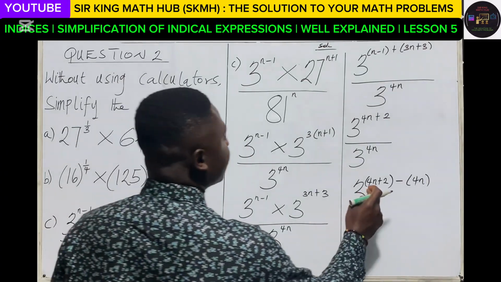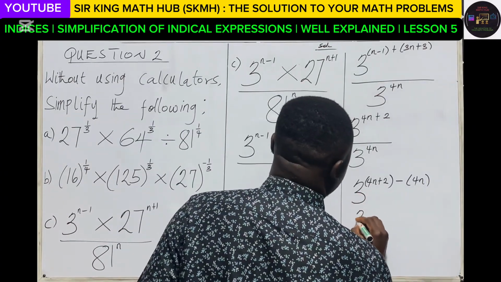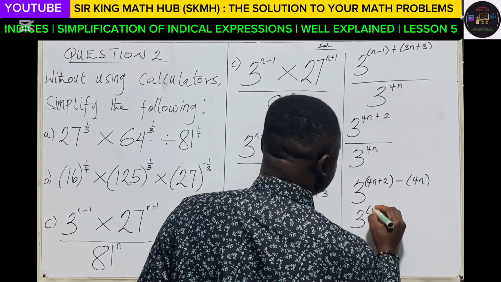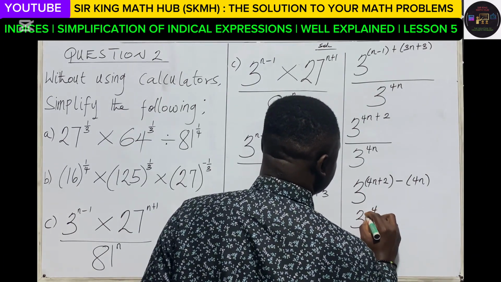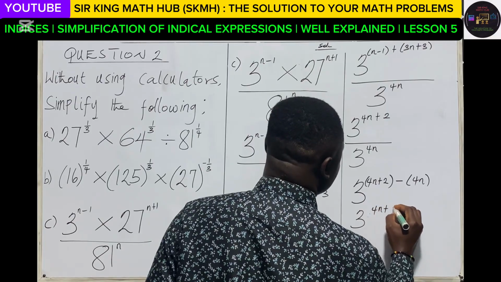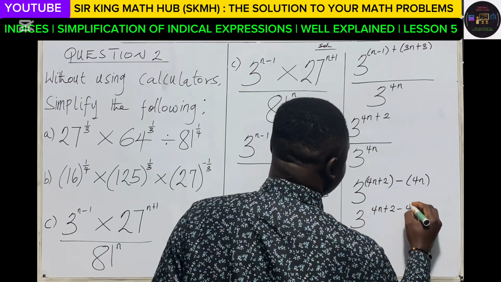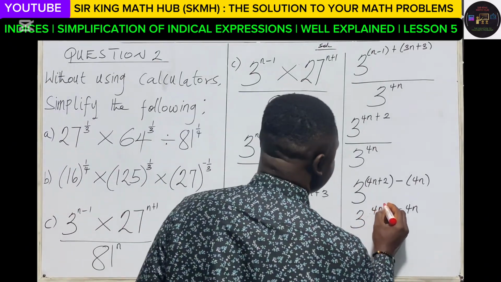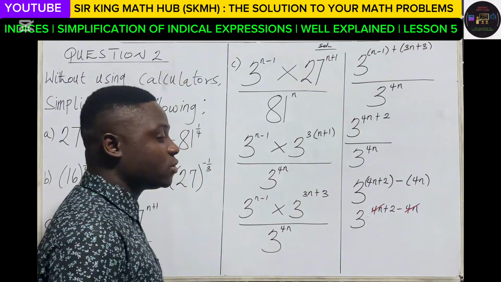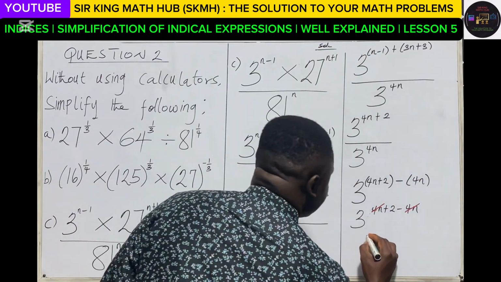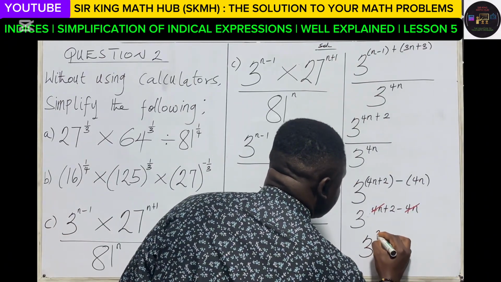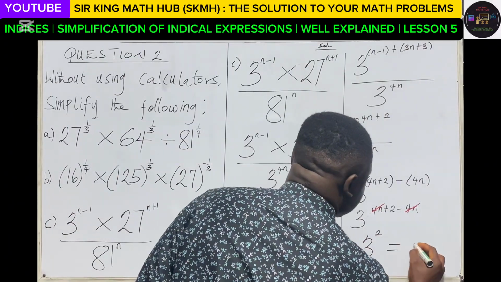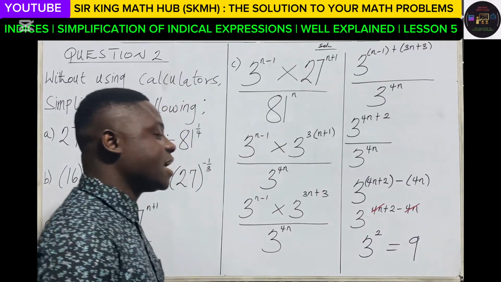So now let's simplify the index. 4n plus 2 minus 4n. See that the positive 4n and the negative 4n will cancel out. So we are left with 3 exponent 2. Then 3 exponent 2 is 9.